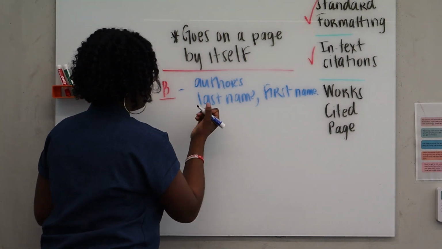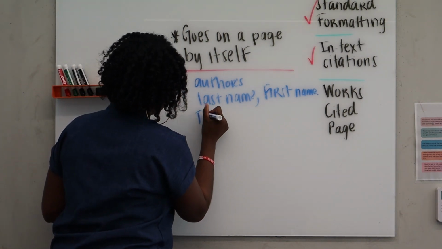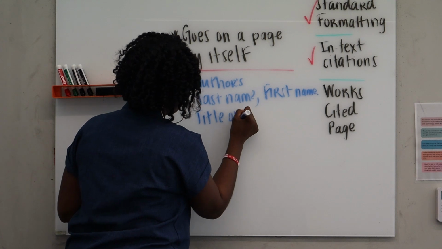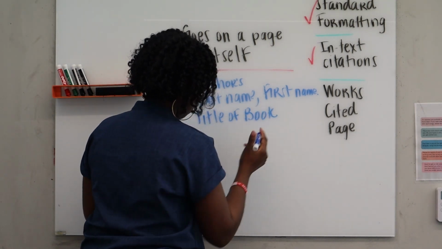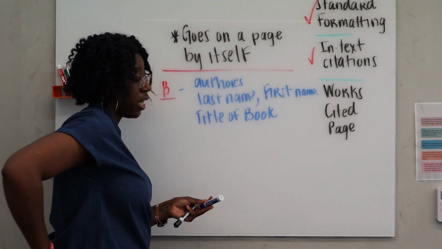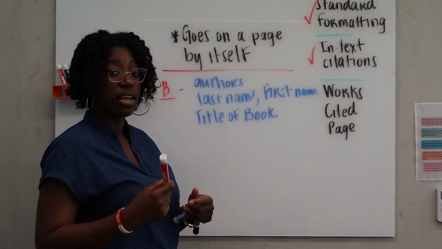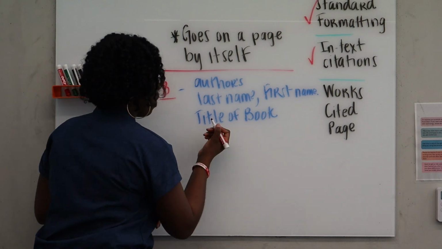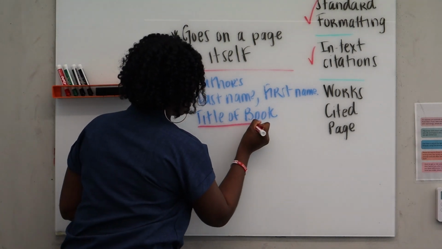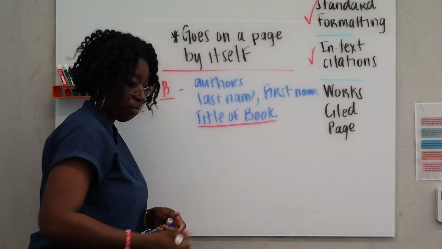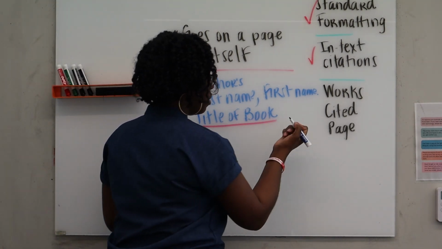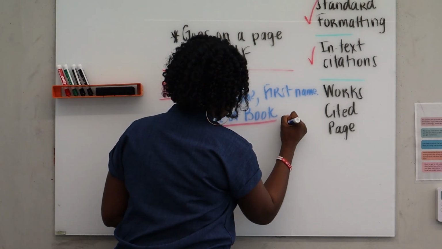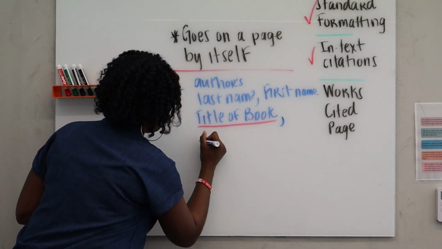After that, you're going to have the title of the book, and again, because it is the title of a major work, you want to make sure that it is italicized. After that, you're going to have a comma after the title of the book, and you're going to put the publisher.